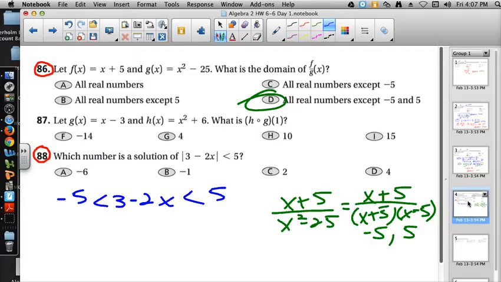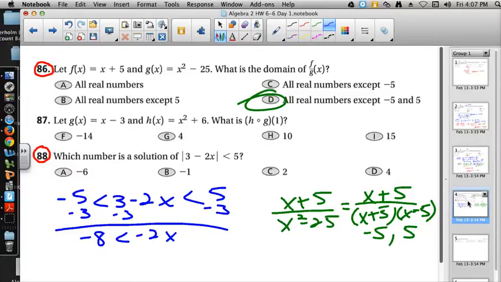And we'll just solve this. We'll subtract 3 from all of these pieces. And for me, it's easier to solve the inequality than it is to sit there and do trial and error on all of these. I can't stand trial and error. So negative 8 is less than negative 2x, which is less than 2. And then we have to divide everything by negative 2, which means we're going to flip the signs.